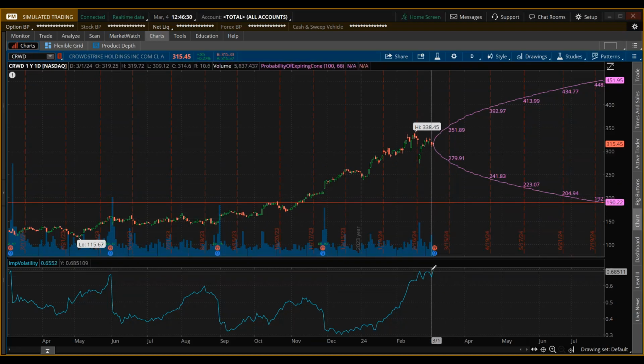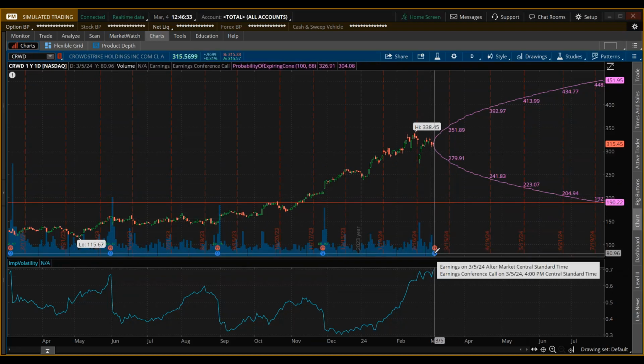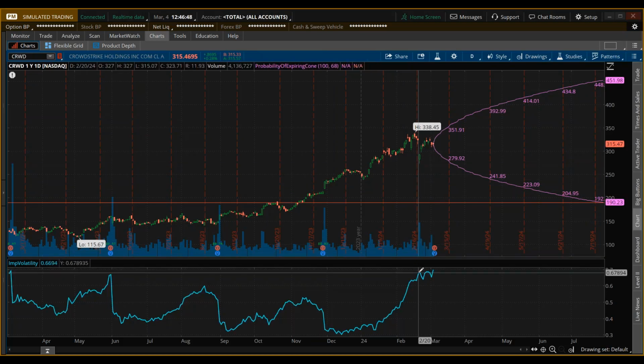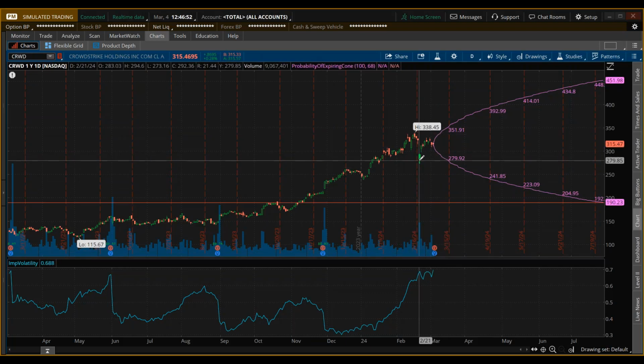As we approach CrowdStrike's earnings event coming up tomorrow after the close, IV is likely to increase, but this chart shows that it hasn't really increased much in the last 2 weeks. Well, that is dead wrong if you are looking at a certain specific expiration cycle. Okay, enough on that.